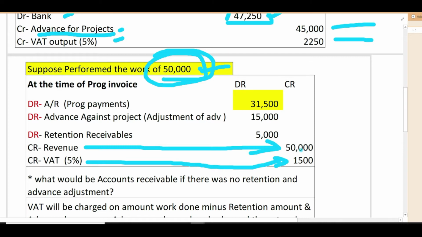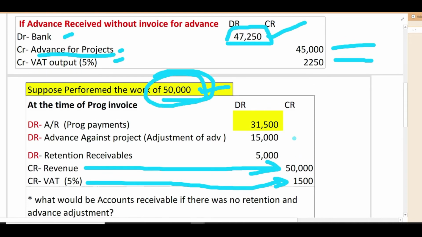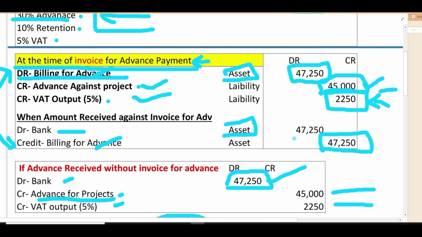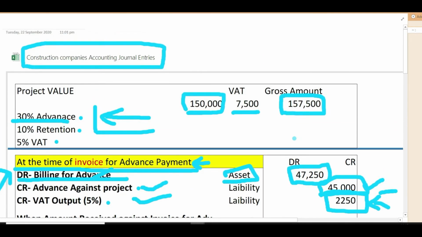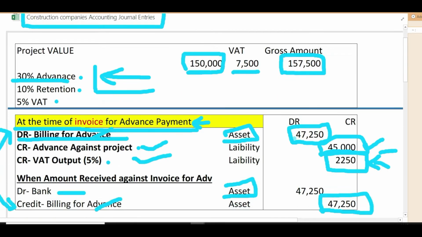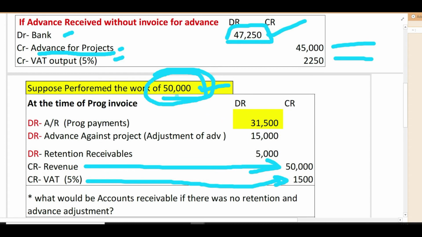Secondly, you already know there was an advance. You have already received the advance of 45,000. Now you have to adjust that advance with each progressive invoice. How much is the progressive invoice? 50,000. What will be 30% of this 50,000? 15,000.